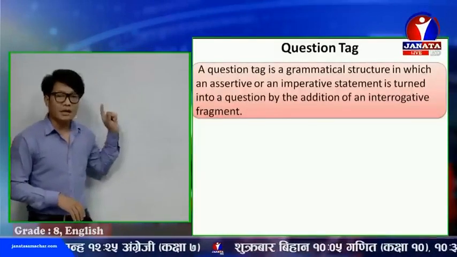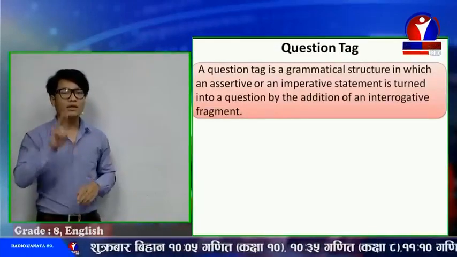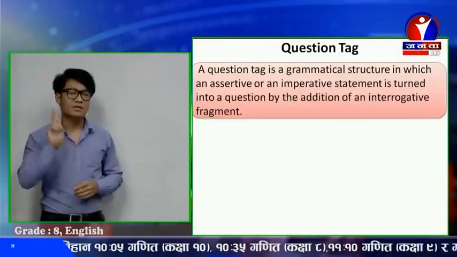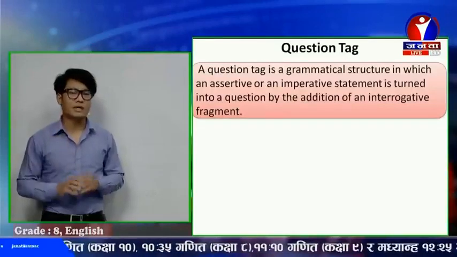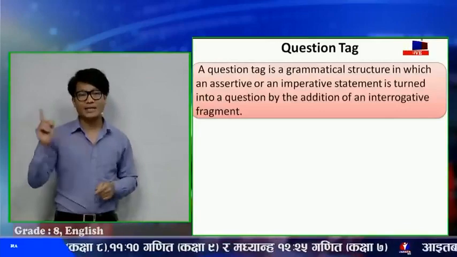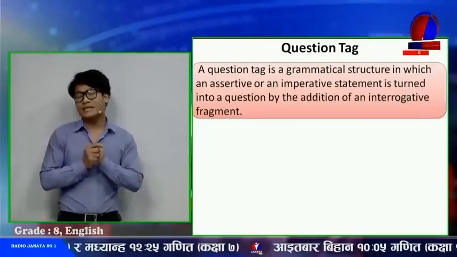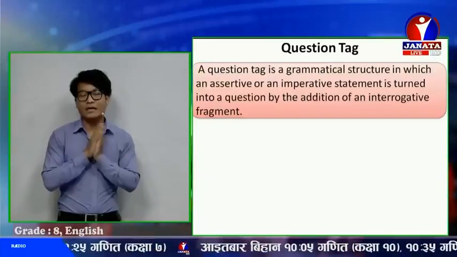With this definition, we can understand that only two types of sentences can be used with a question tag: one is the assertive sentence and the next is the imperative sentence. Which sentence is called assertive and imperative?